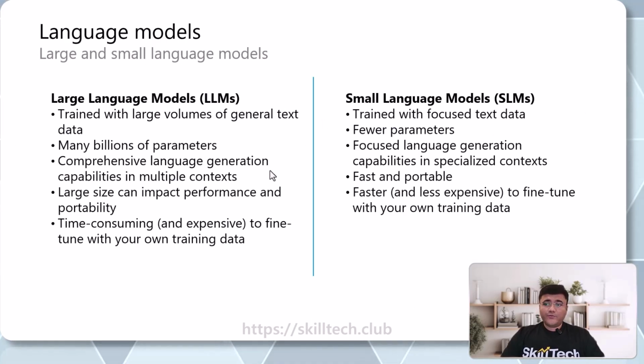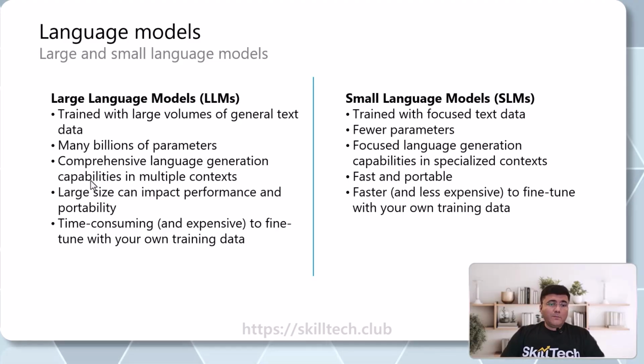As I said, we have two different kinds of models. We have large language models and we have small language models. So obviously, as the name suggests, large language models are mostly trained with a large volume of general text data. And then it's always going to have many billions of parameters, sometimes even trillions, as I've given you an example of GPT-4. Small language models are, on the other hand, trained with focused text data only, and it's going to have fewer parameters associated with that.